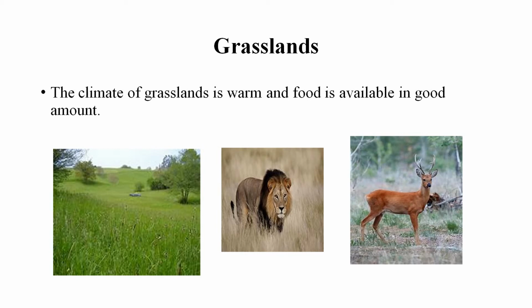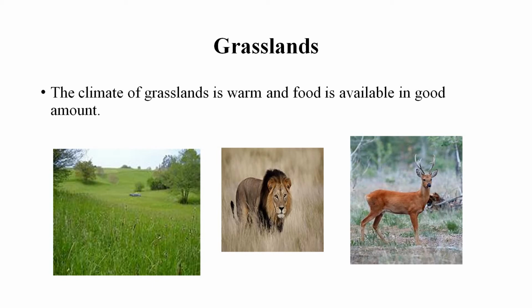And students, a deer is a fast runner. It can run very fast to save its life from a predator. Students, a deer has long ears with very good hearing ability. This helps it in hearing the steps of an approaching predator.